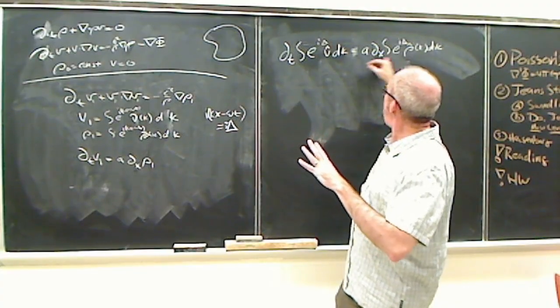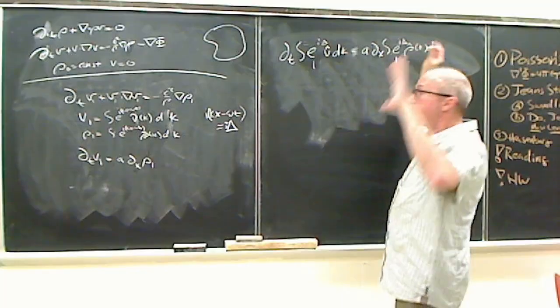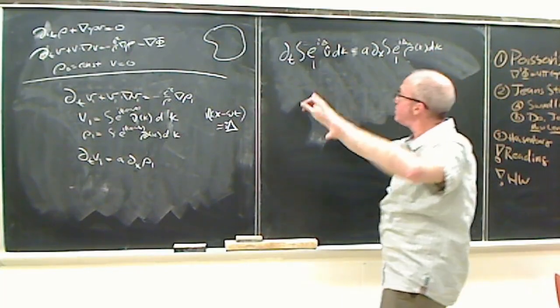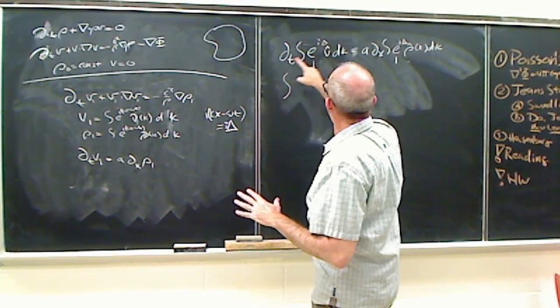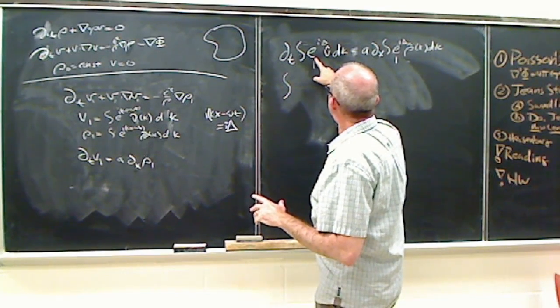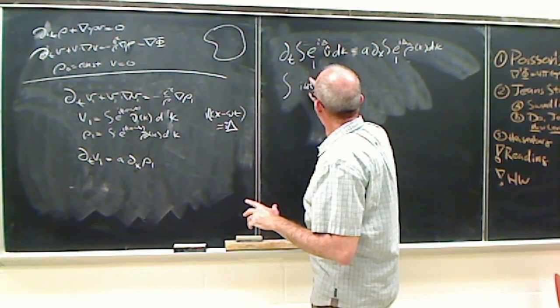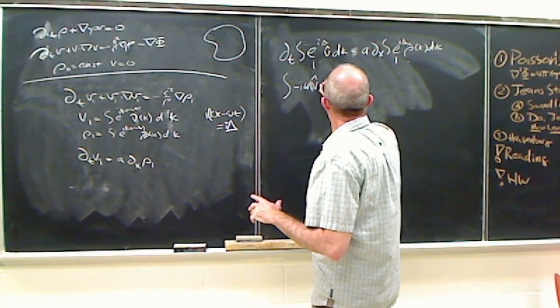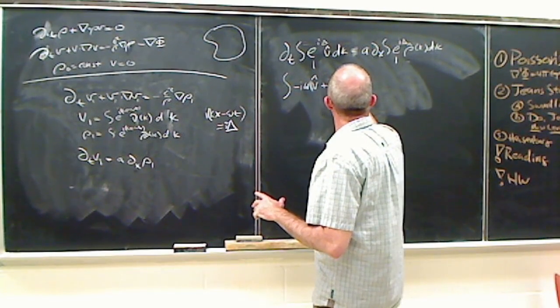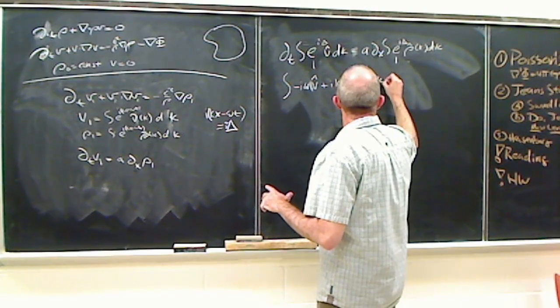So I can take all of this stuff, because this is the same as this, and shove it to one side of the equation, and I'm left with the integral of, let's apply this d by dt here, and I get an i omega, minus i omega v hat, plus i k a rho hat dk equals 0.